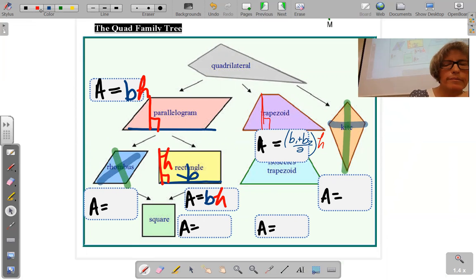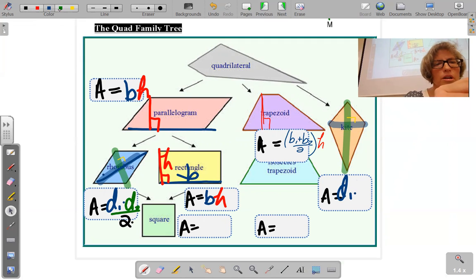What is it? It's related to the diagonals. Look at the top of your paper. Diagonal 1 times diagonal 2 over 2.